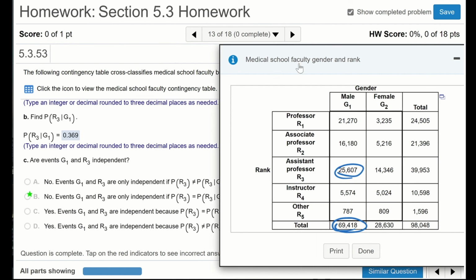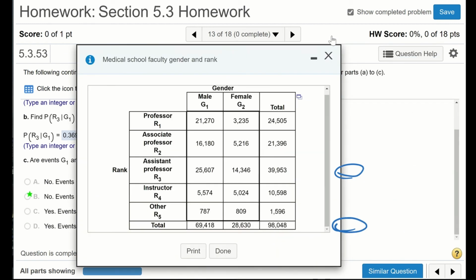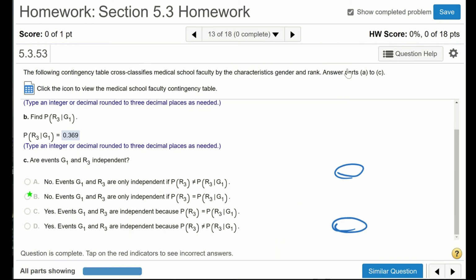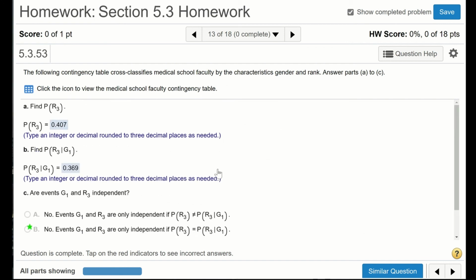Now we're asked if the events G1 and R3 are independent.